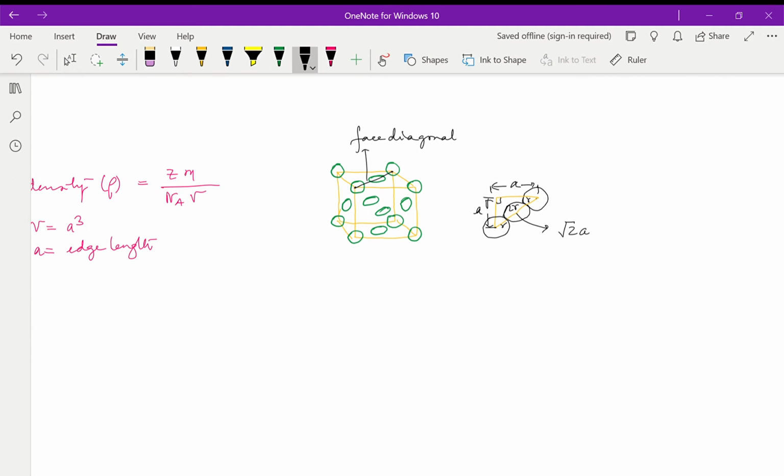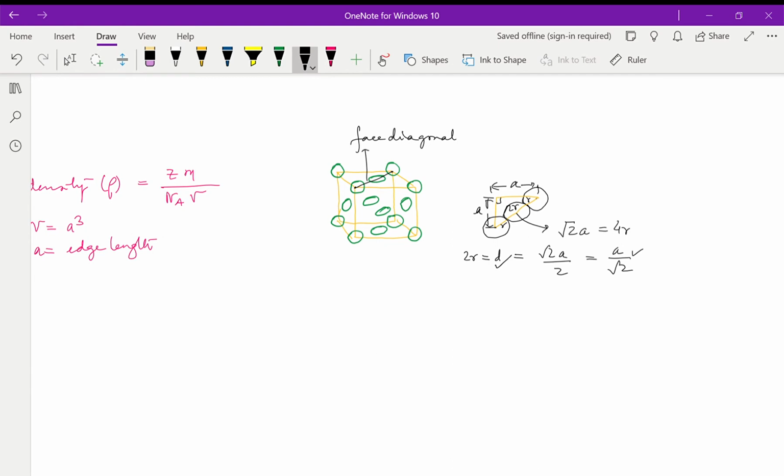So that is equal to 4r. Now that means we can say 2r equal to d. Or we can say a equal to root 2 d. So that is the relationship between diagonal and that of the edge length.